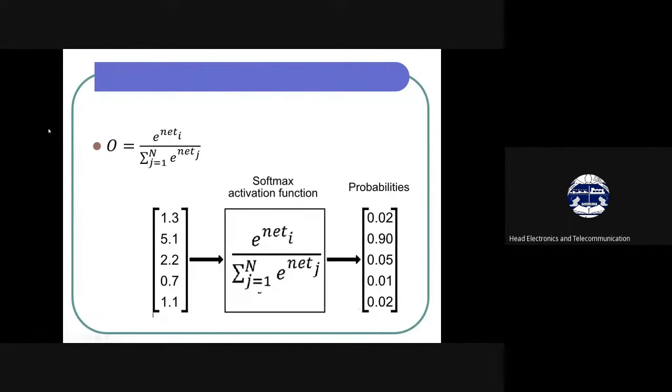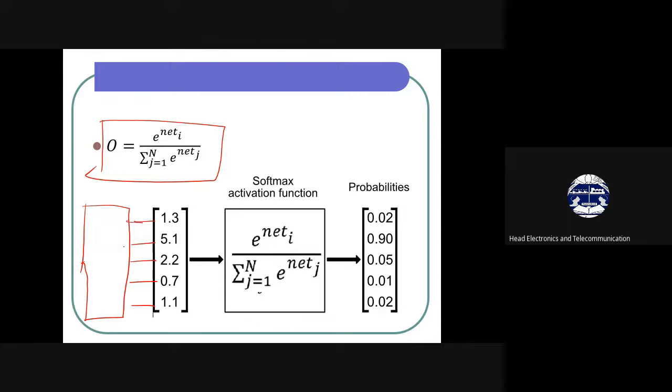So what is Softmax activation? It is this formula: output is equal to e to the power net i divided by the sum of e to the power net j from 1 to n. Take this example: there are 5 outputs coming from a neural network.